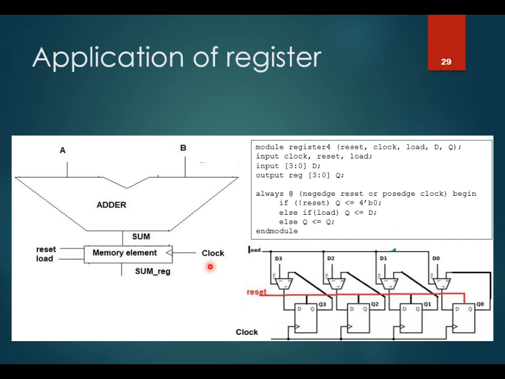In the case where it needs to load the result from outside, for example the adder sum, the load signal is on, and the multiplexer will select the answer of the adder to be stored by the register. But if there is no need to load a new answer, then load stays 0, so that the current value in this register is looped back to each of the flip-flops. It will put the register in hold mode, keeping the old answer of the summation.